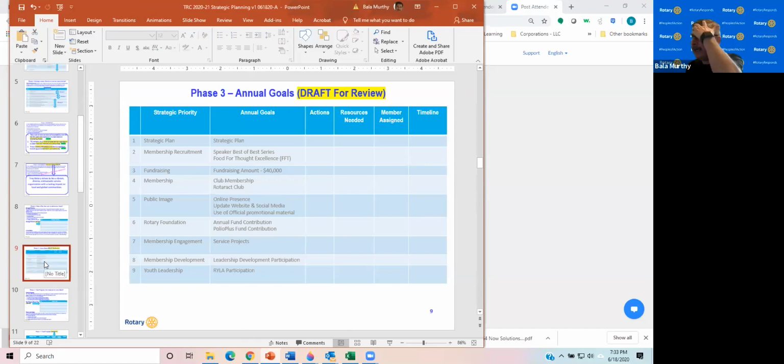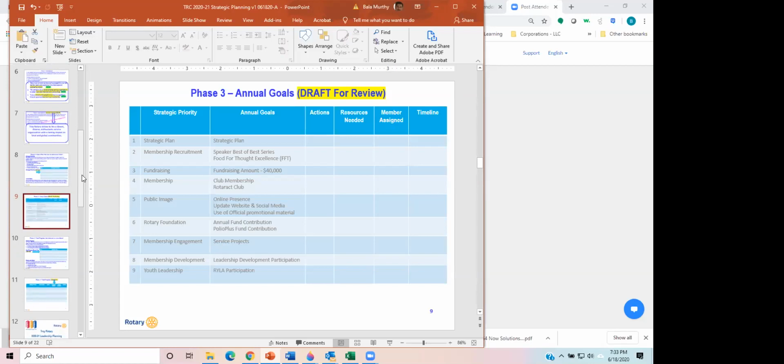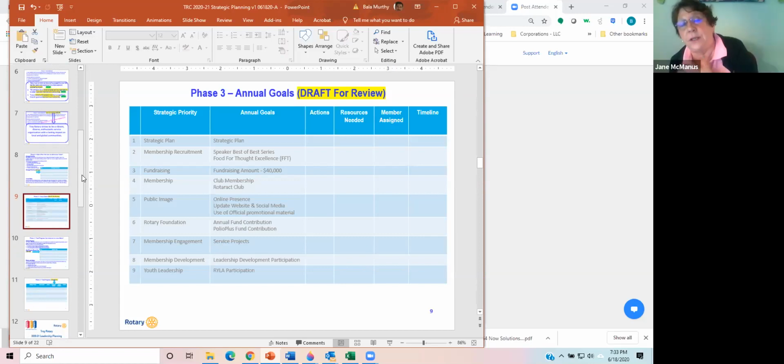So what is the assignment for the breakout groups? Do they take this sheet and come back with a more refined set of goals and resources needed? Is that what the expectations are? Yeah, because we need to start to ferret out some details here in the next phase.